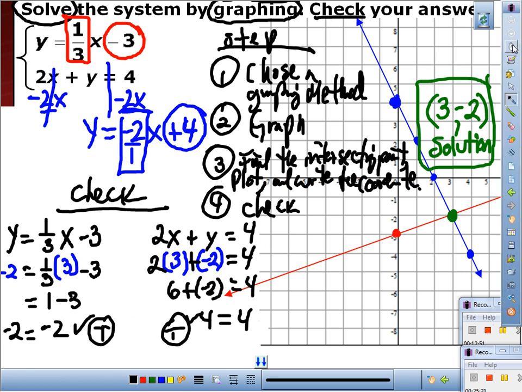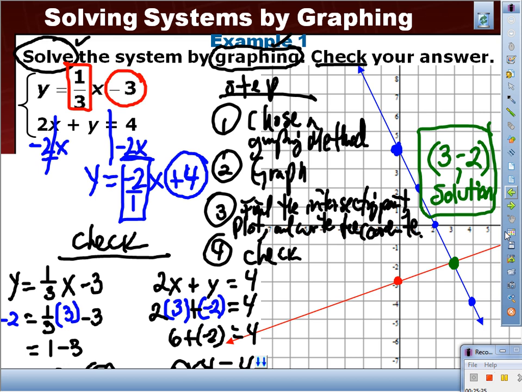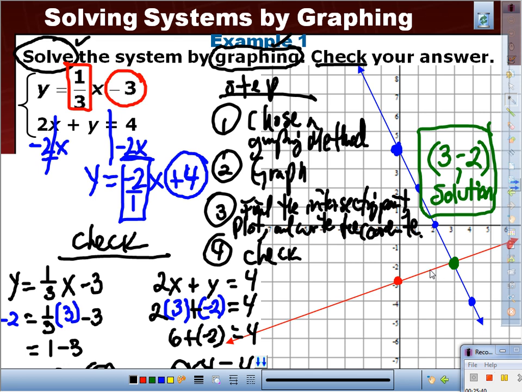All right, so let's see how you do by yourself. Ready? Oh, and before I move on, look up. There's one solution. What would be the name of this system? Tell your neighbor, please. Independent.